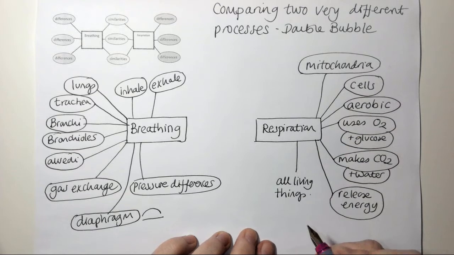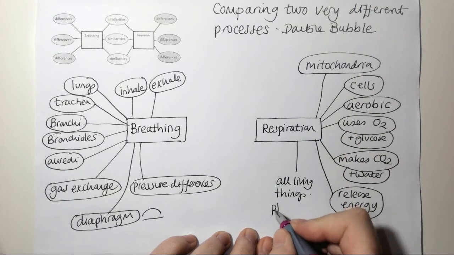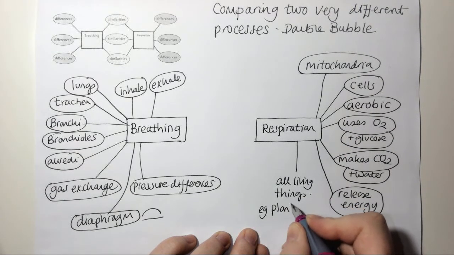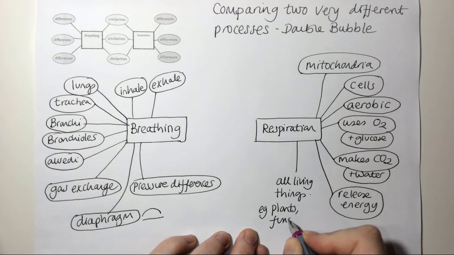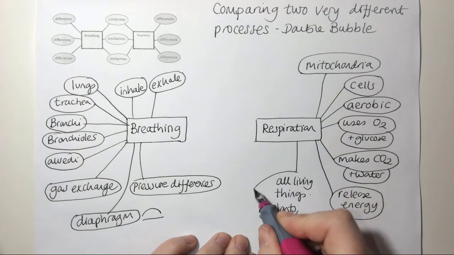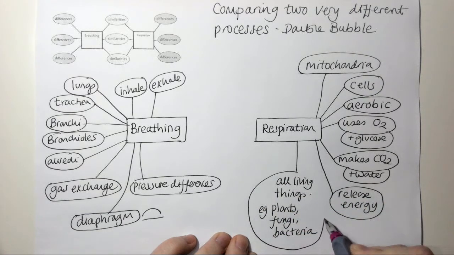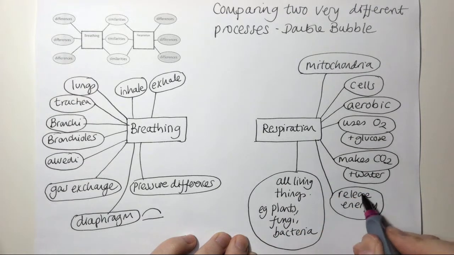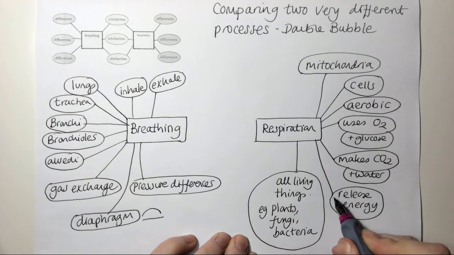So we're talking about even things like plants, fungi, like mushrooms, bacteria. If it's alive, it respires. Because respiration is to make or to release energy, which all the processes in living things need.